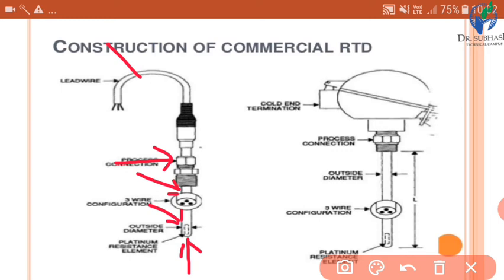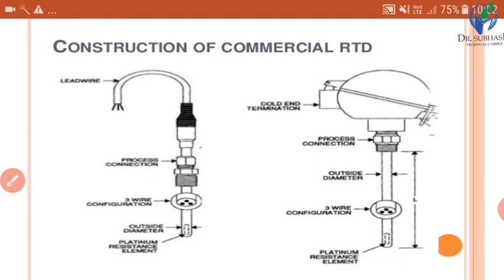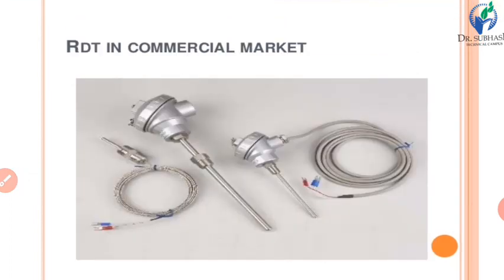So this is the construction of a commercial RTD. The same thing we can see here also. There is a cold end termination, then process connection, then outside diameter, 3-wire configuration, and at the end there is a platinum resistance element. These are photographs of RTDs available in the market.